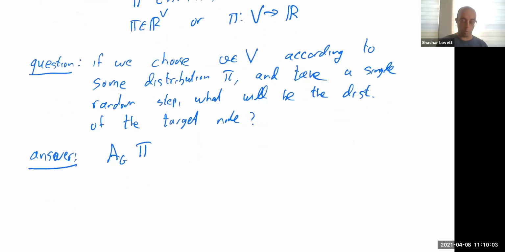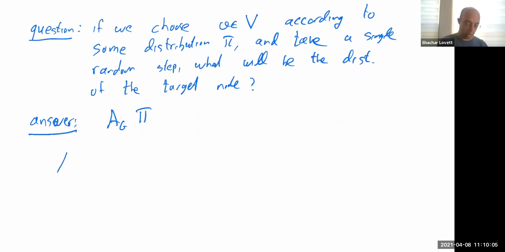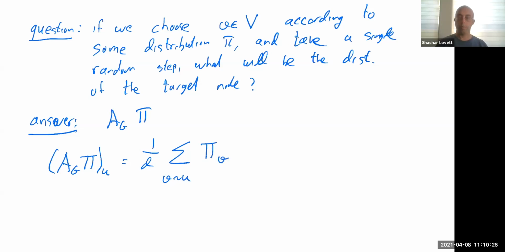Let me just remind you why this is true. What is A_G pi at some node U? By definition, plugging in the definition of A_G, it's 1 over D times the sum over all neighbors V of U of pi(V). This is exactly the same as asking, how can I reach node U?